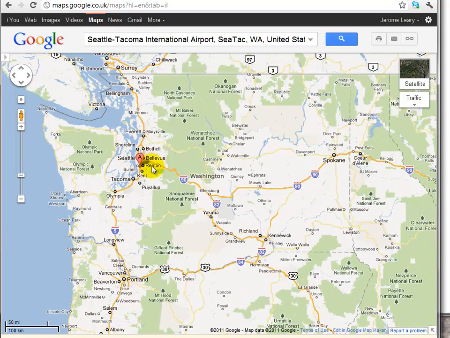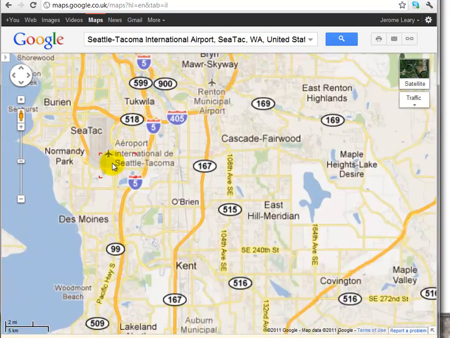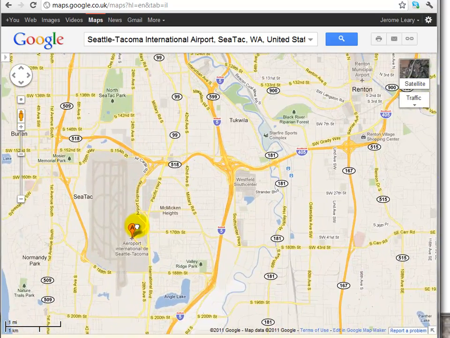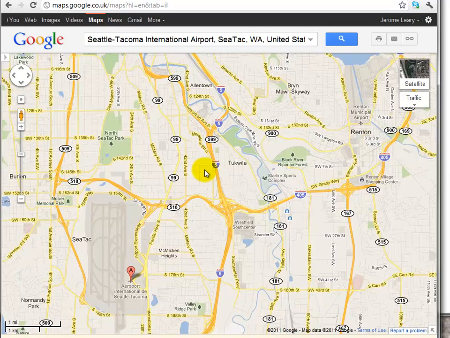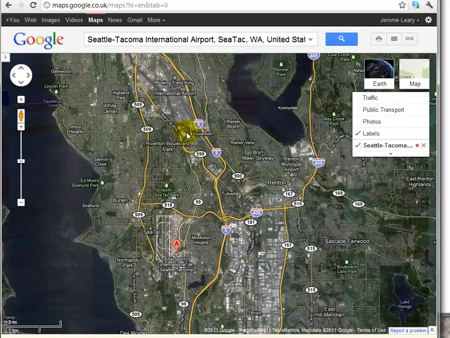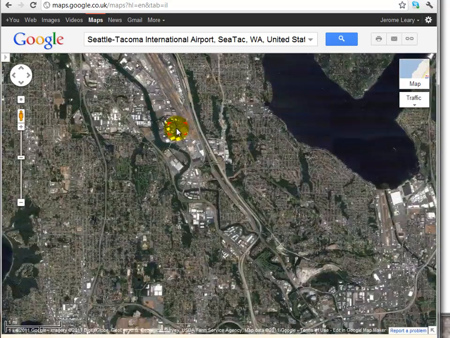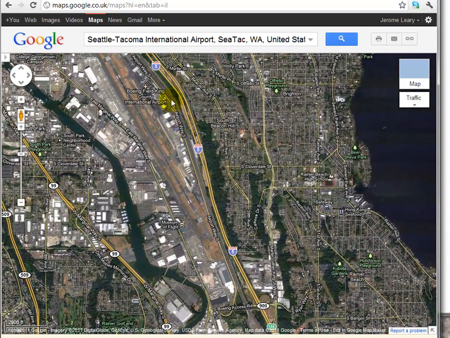It's in the western USA. It's quite a good airport to use because it's got 2 long runways. Now here we are, 2 runways there and there, and you'll probably be landing on this airport here, called Boeing Field King County International Airport.